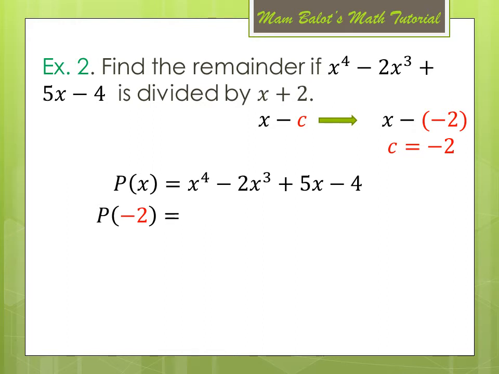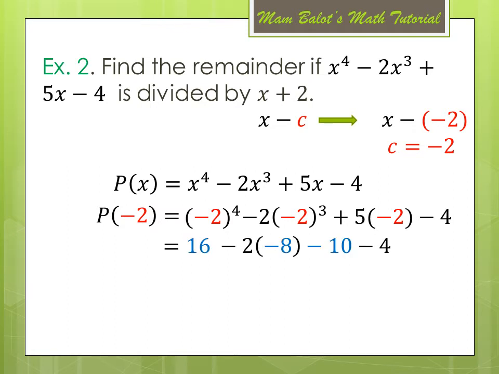So that becomes now negative 2 to the fourth minus 2 times negative 2 cubed plus 5 times negative 2 minus 4. So evaluating further, we have now negative 2 to the fourth is equal to 16 minus 2 times negative 2 cubed is equal to negative 8.